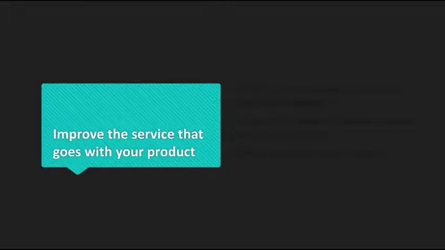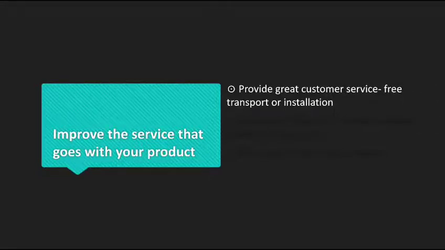All right. And then next, you'll need to improve the service that goes with your product. So this means providing great customer service. A good example is maybe free transportation or free installation or subsidized installation.